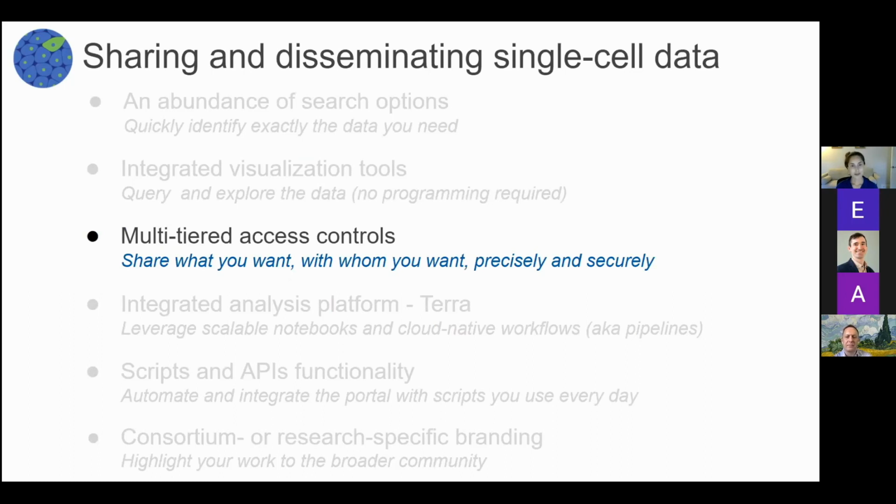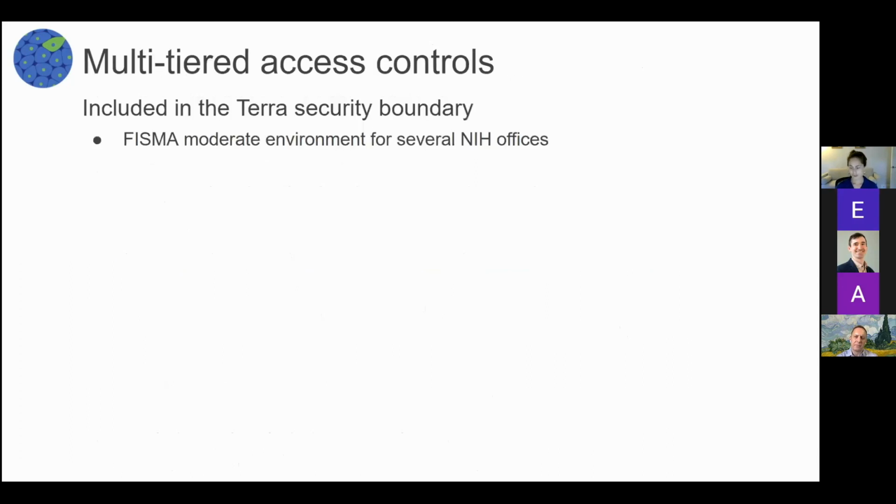So once you've been able to explore other people's visualizations, you might want to create your own study. And when doing so, you might want to be able to control who accesses your data and when. And so in anticipation of this, we tried to give you a lot of control over this aspect of the study. So first, SCP is included in Terra's security boundary, meaning that it's BICCN moderate, which gives it a layer of security.